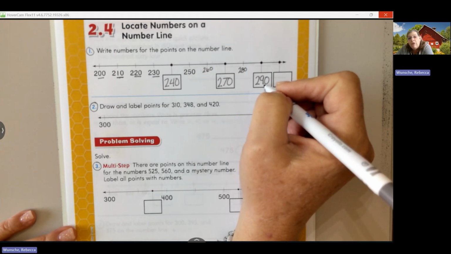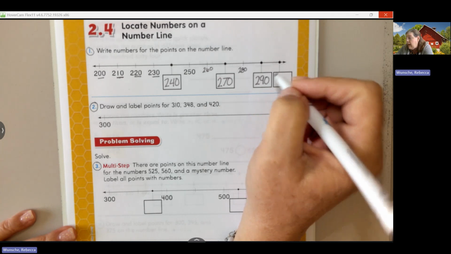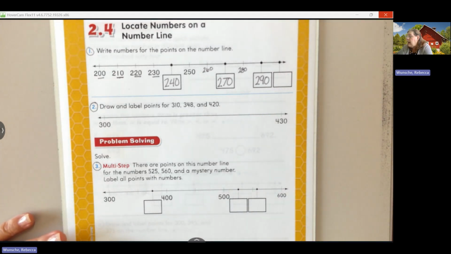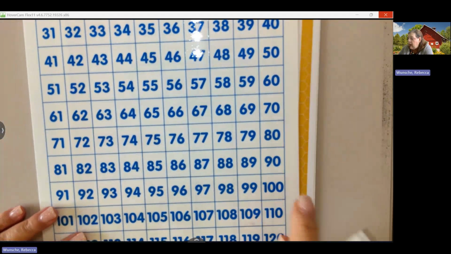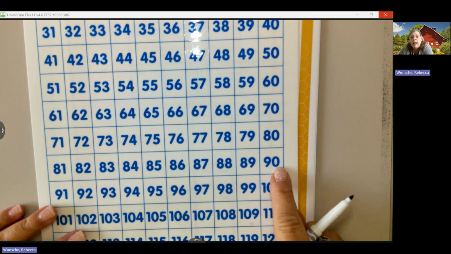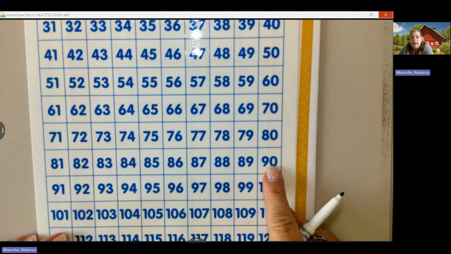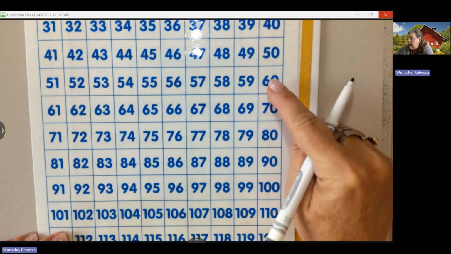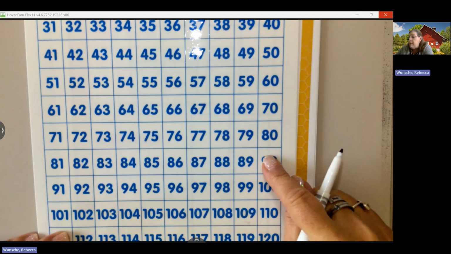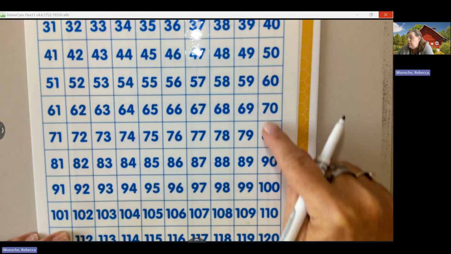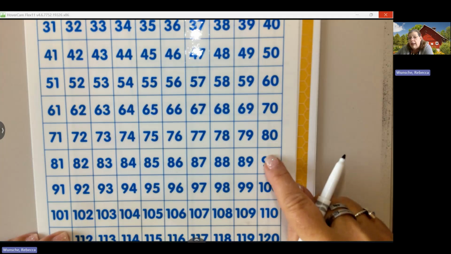What comes after 90? I have to switch my tens and think about that. Sometimes if I got really stuck on something with my students, if they were really stuck there, I would say go to your 90, and then we're going to continue our pattern by 10. See, here's 60, 70, 80, 90. Remember on your number chart, when you move up and down, you're moving by tens.